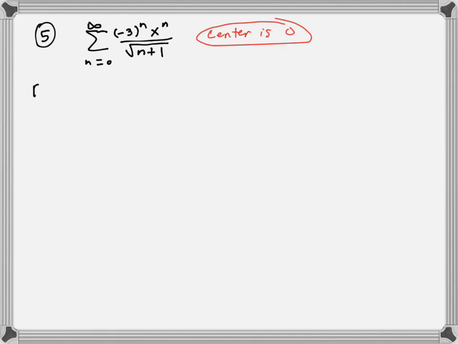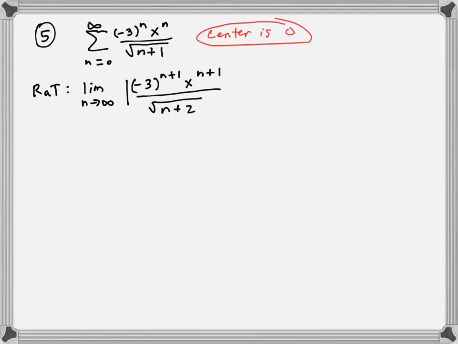So let's begin with the ratio test. We're going to do the limit as n goes to infinity of the absolute value of -3 to the n plus 1, x to the n plus 1, over, when you plug in n plus 1 on the bottom, you actually get square root of n plus 2, times a reciprocal.